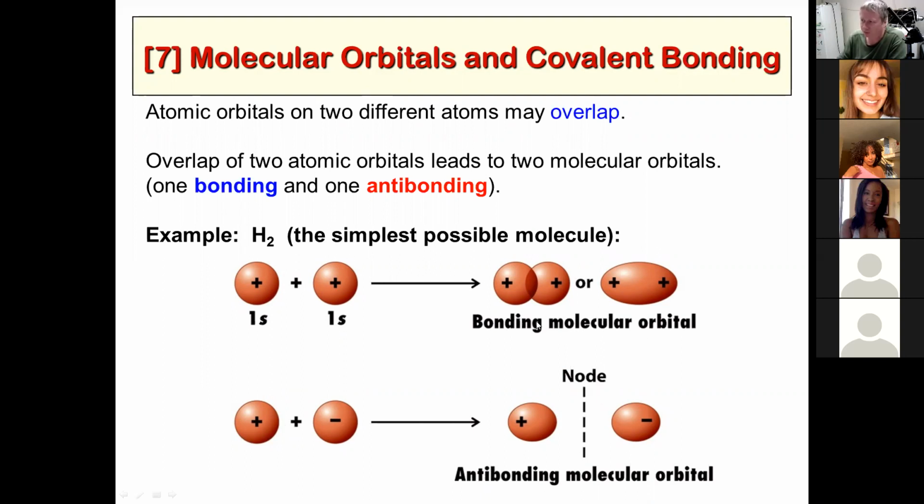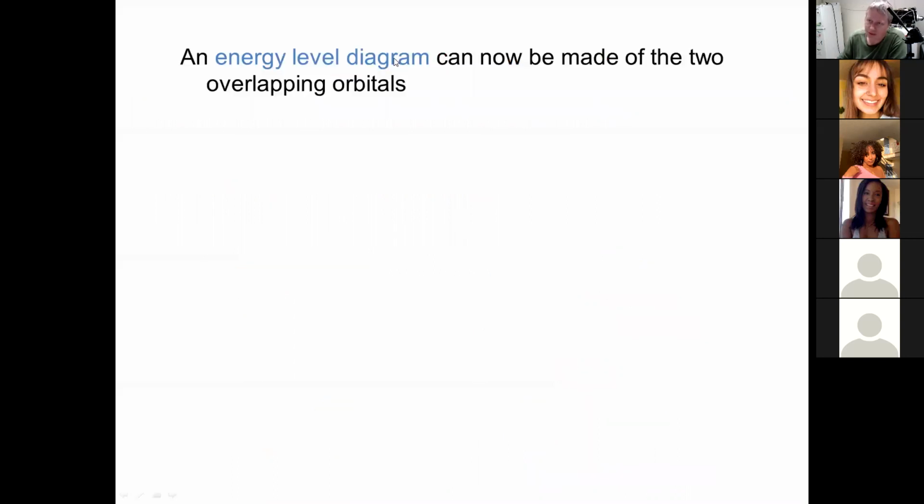So you actually form both. We'll see it in a second. You form a bonding orbital and you form an anti-bonding orbital. The bonding one is a nice bond. The anti-bonding one, if electrons are moved in there, will break the bond, right? Here's another way to show it, through an energy level diagram of the 2 overlapping orbitals.